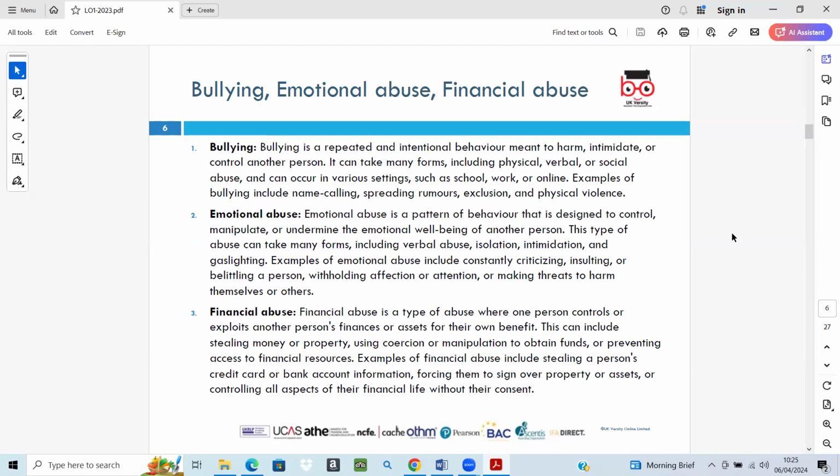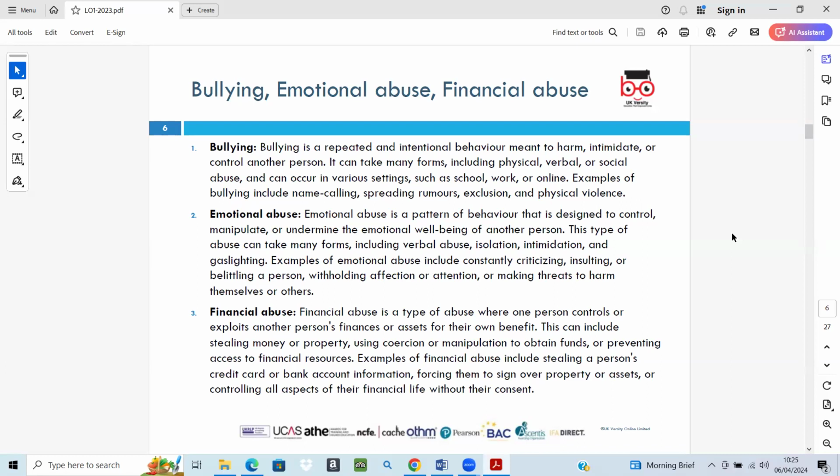I'll try to define them in simple words. They're asking for three of them. For example, bullying is repeated aggressive behavior intended to hurt or intimidate someone, often involving an imbalance of power.